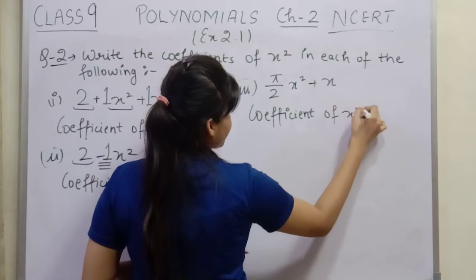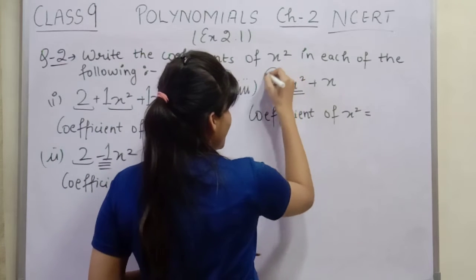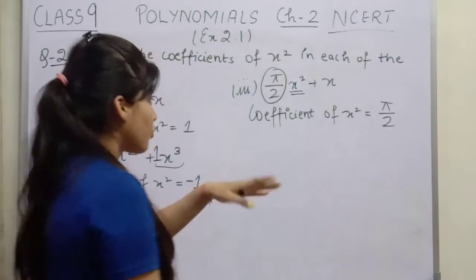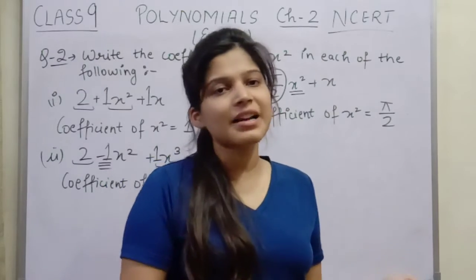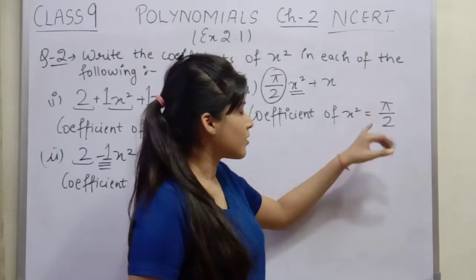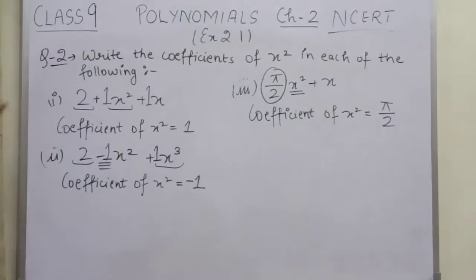See, x square यहाँ पे है. So coefficient of x square is pi upon 2. Simple. ठीक है, जो भी वेरिएबल के साथ है वही उसका coefficient है, right? So if pi by 2 is there, so doesn't matter. Pi by 2 is the coefficient of x square.